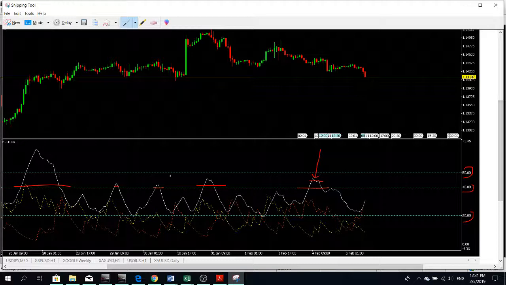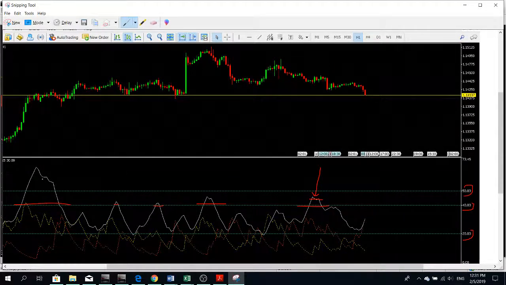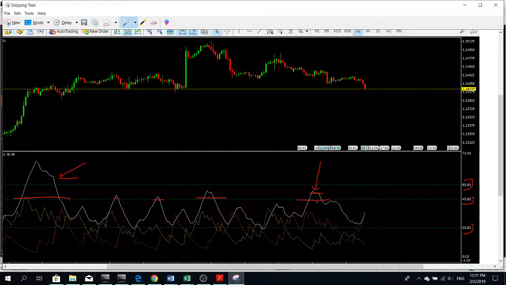And if the ADX line is above 50, it means we have an extremely strong trend, and it's going to go long. So the ADX line shows us the strength of the trend.